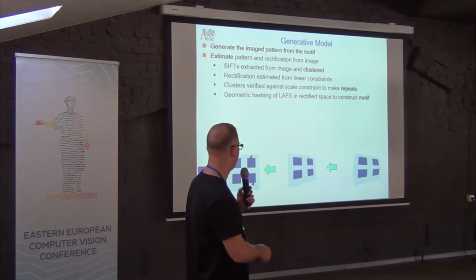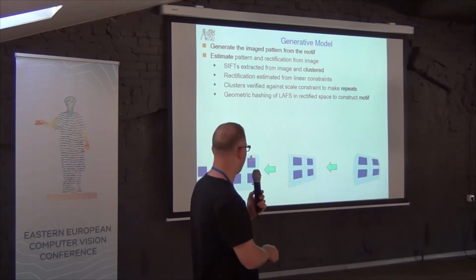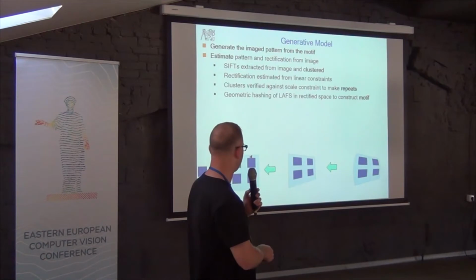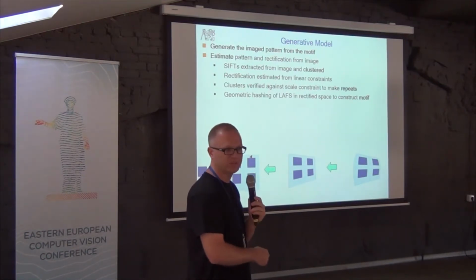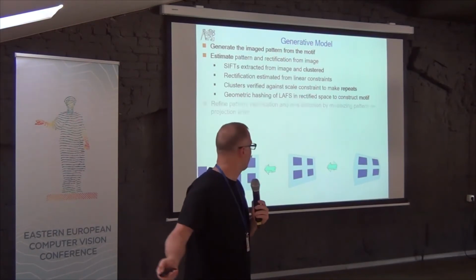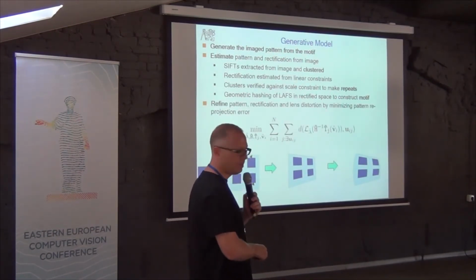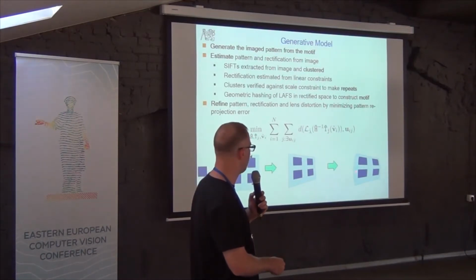We rectify, and then we get some estimate of how to print the pattern. So now we've got an initial guess for what the pattern looks like in a rectified space. And then we go the other way. Now that we have some estimate of the pattern, we can print it into the image using the geometry.